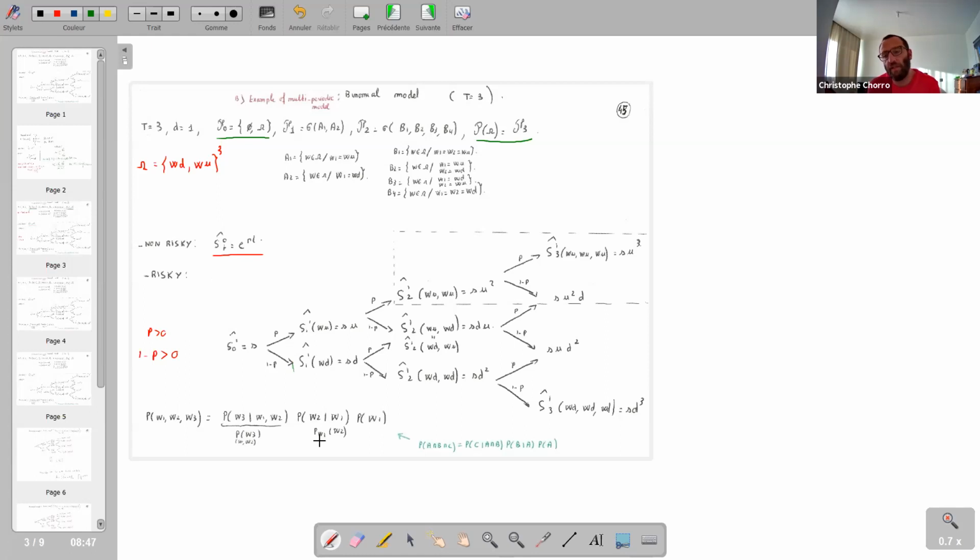The only thing you have to fulfill is that every state of nature has a probability strictly greater than 0. It's a condition that I imposed at the beginning of this course: if I describe in my omega the states of nature, I want them to really be states of nature, that is, to have a probability strictly positive.